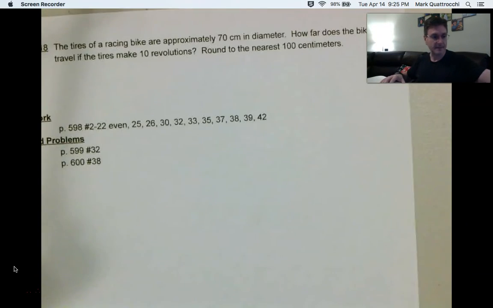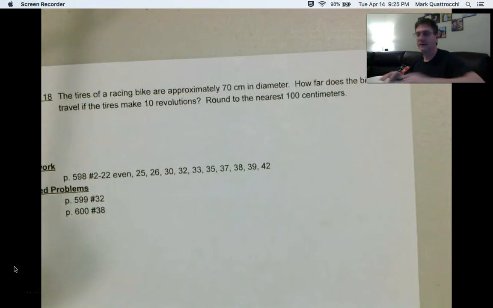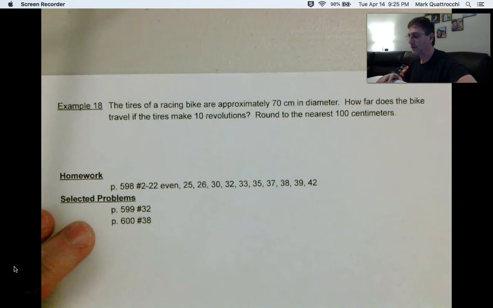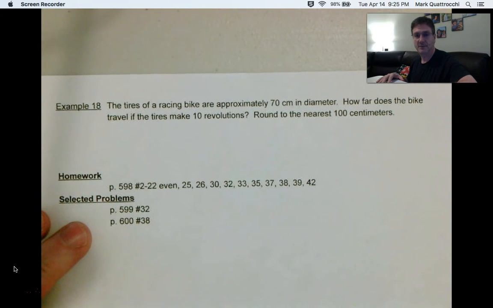Example 18. The tires of a racing bike are approximately 70 centimeters in diameter.